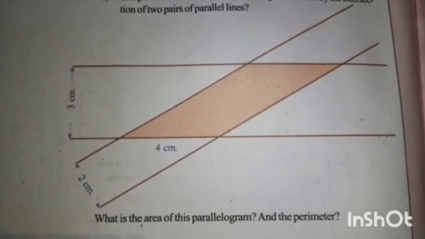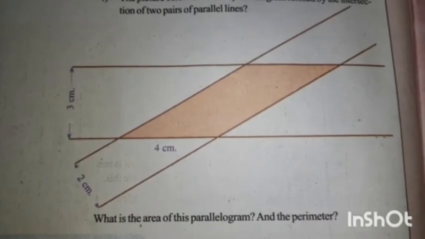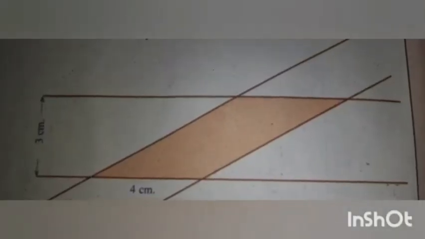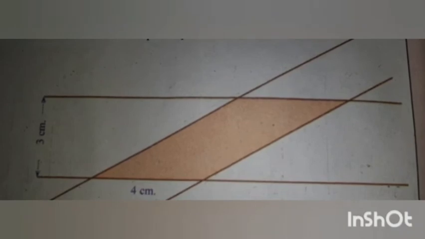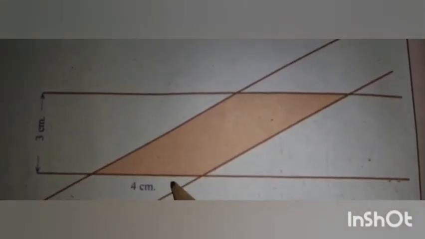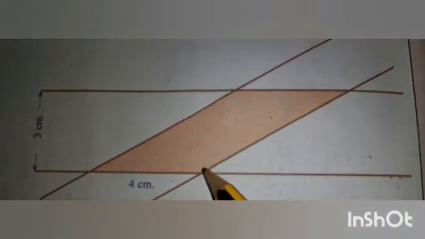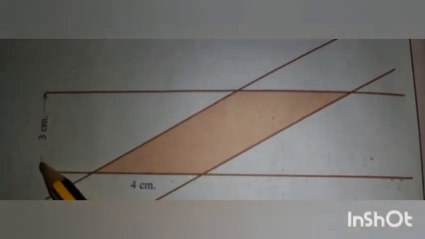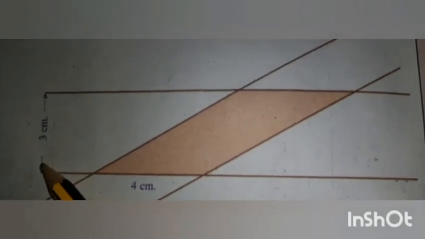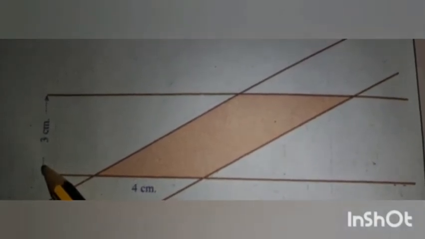So the area and perimeter of the parallelogram you have to find out. In the figure, one side is 4 centimeter and the distance between the top end and the bottom end is 3 centimeter. So using that you can find out the area.